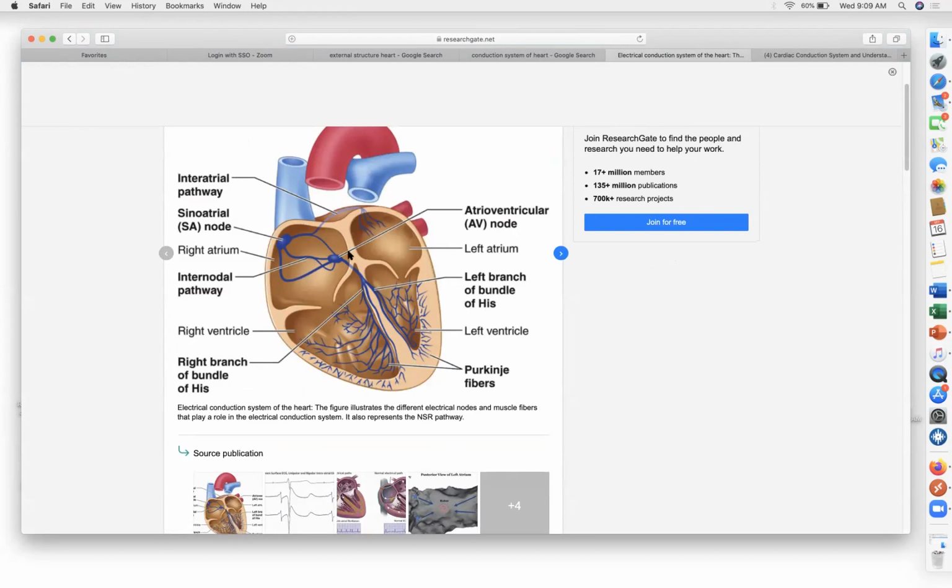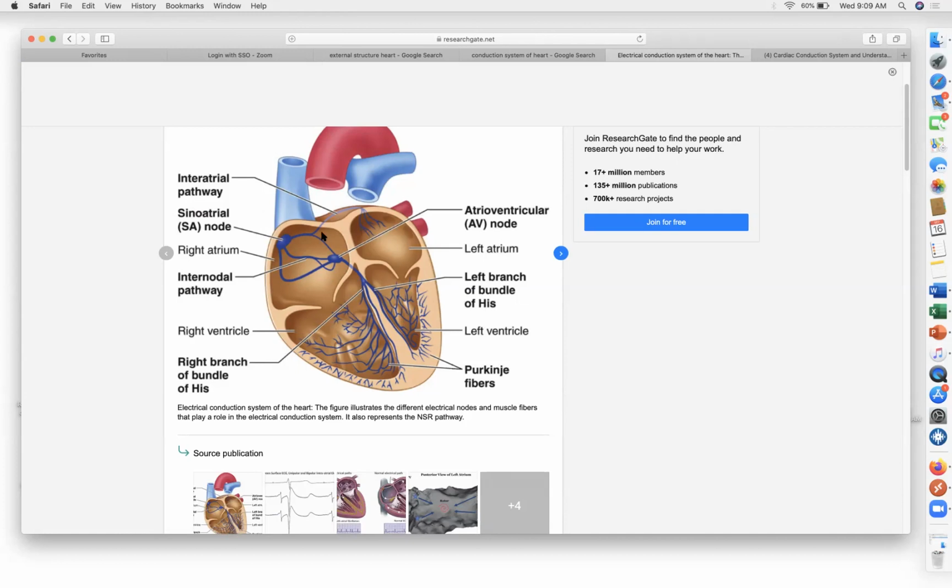So that's your pacemaker, and this is your brakes or your gateway. Right here within the interventricular septum is your bundle of His, which then breaks off into your left and right bundle branches, and then ends up all throughout the walls of the ventricle as your Purkinje fibers.